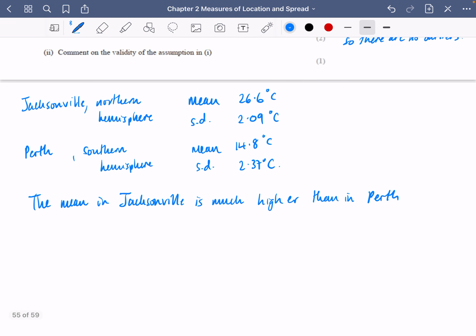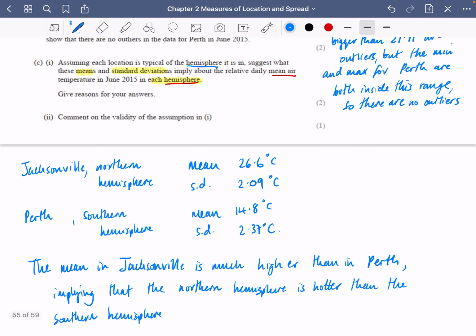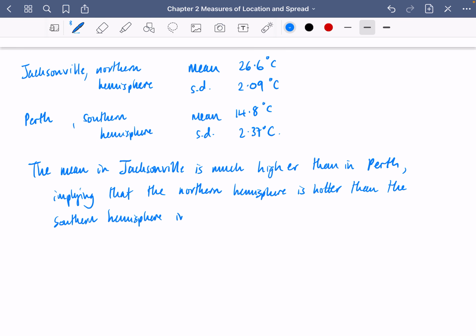So the mean in Jacksonville is much higher than in Perth, implying that the northern hemisphere is hotter than the southern hemisphere. In June 2015.